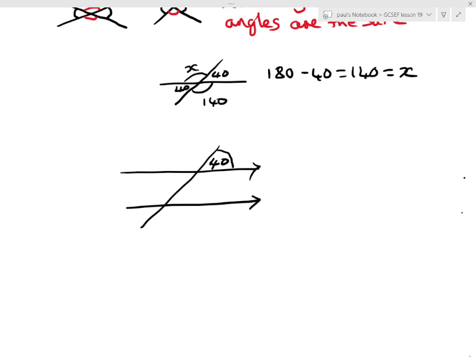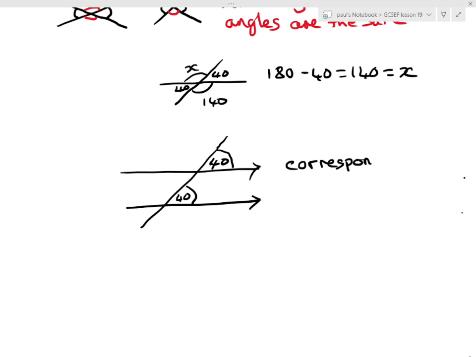Now this junction down here is exactly the same as this junction up here. So from the 40 we can find the four angles that go round that junction, and these four angles are also exactly the same. So this becomes 40, and when they are in the same place on this junction as in this one, they are called corresponding.